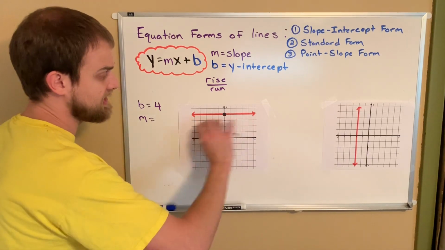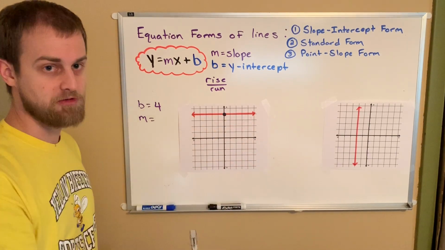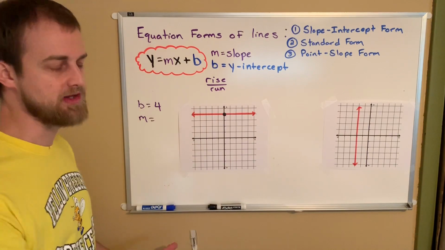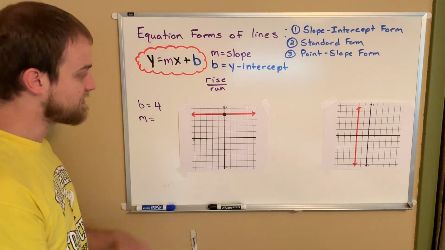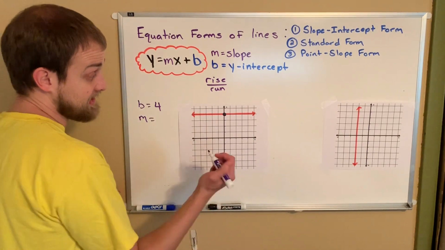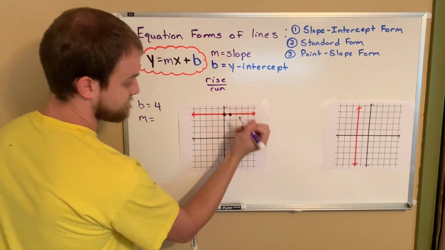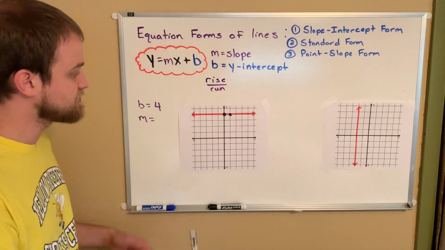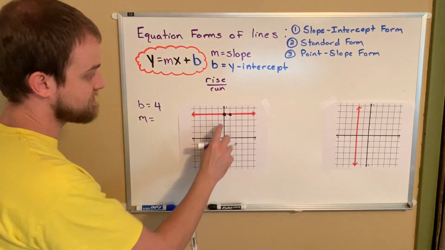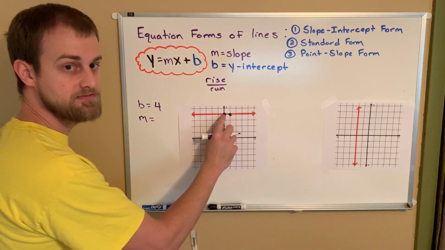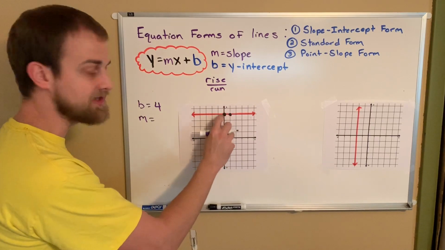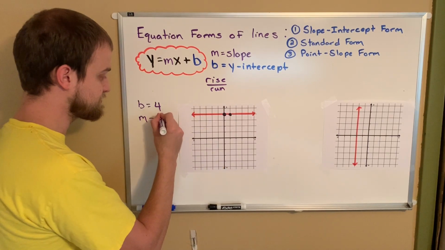We know that lines that are flat have 0 slope, so I could go ahead and write a 0 there and be done with this one as far as finding slope. Or I could take the more technical route and find an ordered pair. And that would be okay too, because here's why. All right, let's do our rise and run. How much do I rise? I don't rise anything, so my rise in this case would actually be 0.